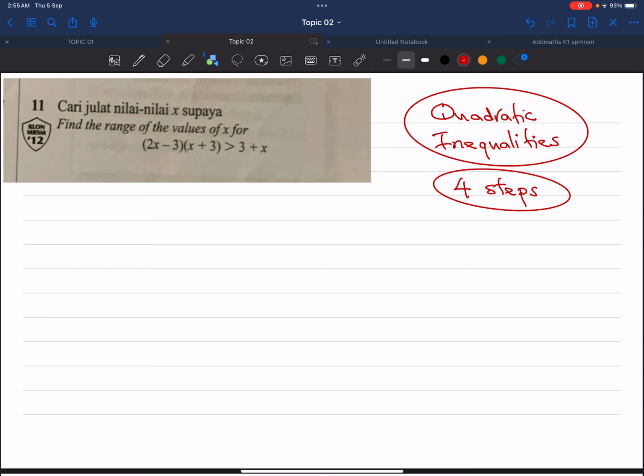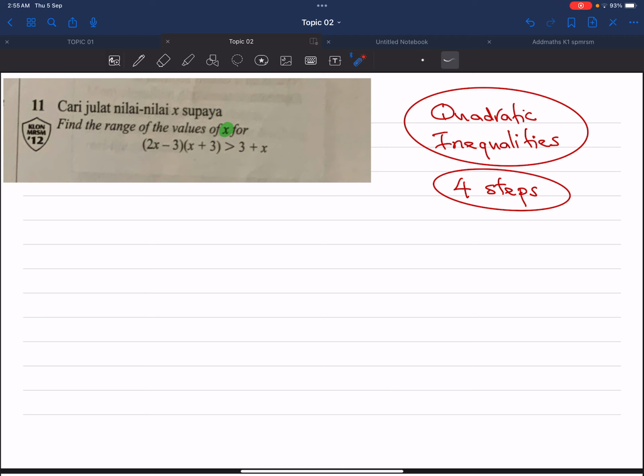So we look at our second question on quadratic inequalities. Find the range of the value of x. So they're asking for x for the given expression.